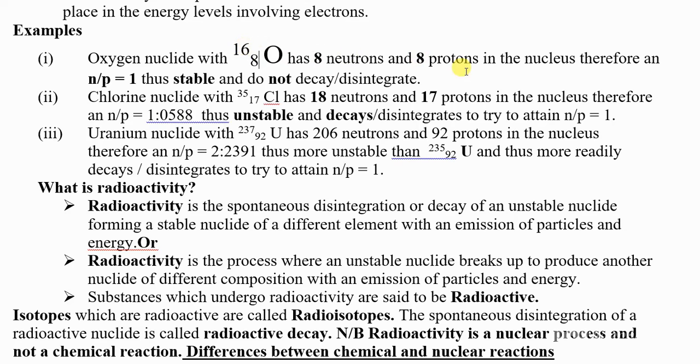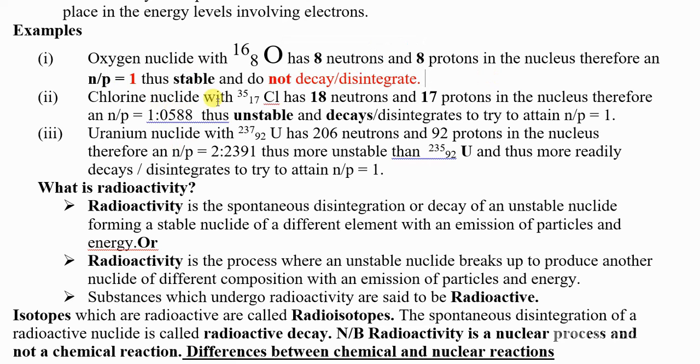This oxygen is very stable, because the number of neutrons, 8, divided by 8 protons is equal to 1, and that tells you that this nuclide is very stable. It does not undergo decay. It does not decay.